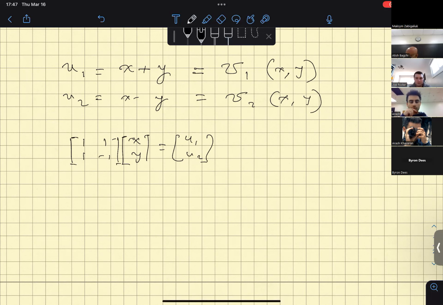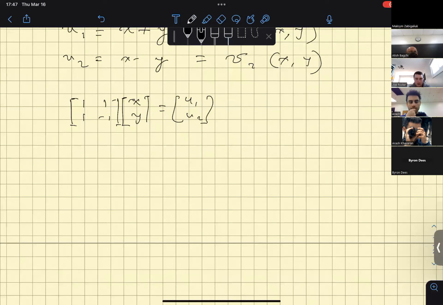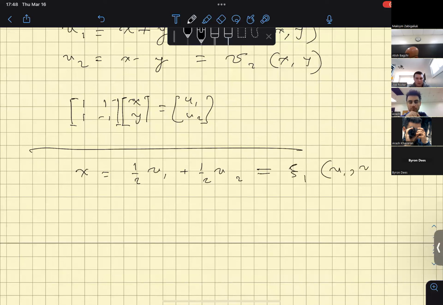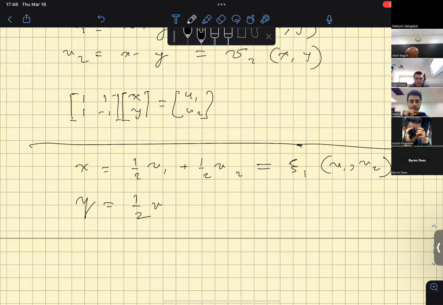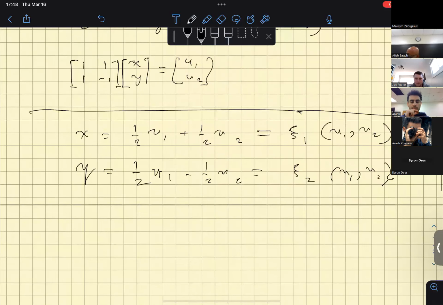That's what it means. So you can solve it very easily. I'm not going to go through the process. This x will come out to be half u1 plus half u2, which is c1 of u1, u2, and y is equal to, oh, I should have called it x1 and x2, but never mind, half u1 minus half u2, which is equal to c2 of u1, u2. Okay?